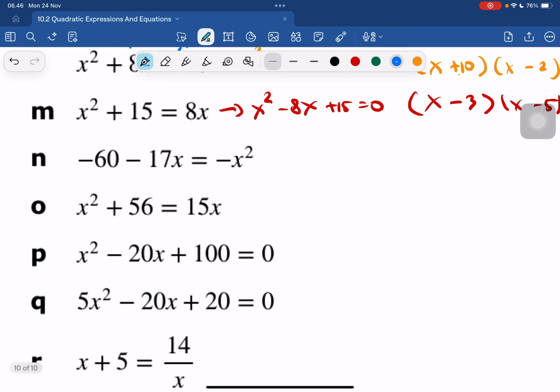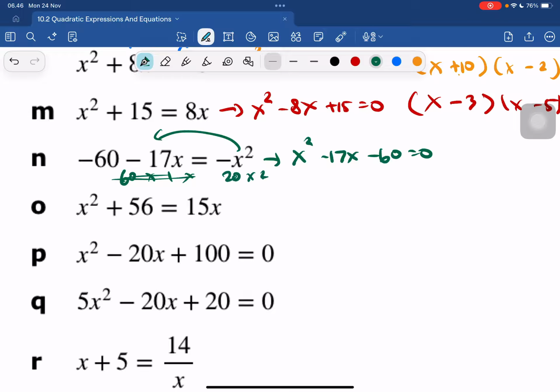Remember we always make it equal to 0. So here we just move it to the left side. x squared minus 17x minus 60 equal to 0. To make it minus 60: 60 times 1, no. 20 times 3, so 20 times minus 3.